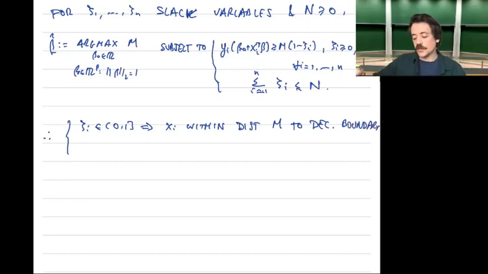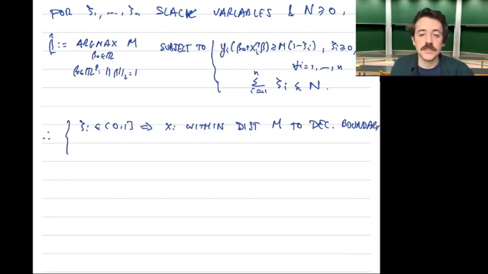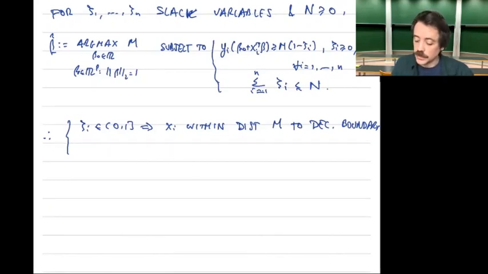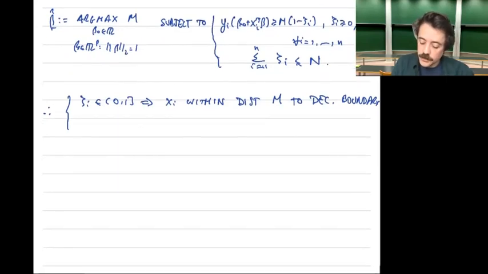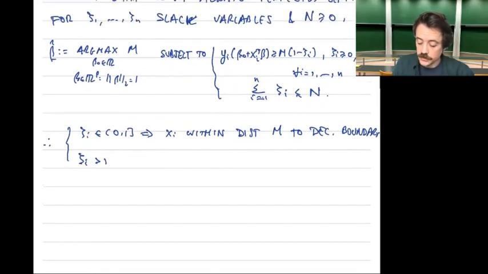So we are allowing it so that not every point needs to be at least capital M distance from the decision boundary, but some of them, those that have these xi's between 0 and 1, will be just a bit less than capital M. But we could even have this guy being greater than 1, right? So we've said they have to be positive, but they could therefore be greater than 1.